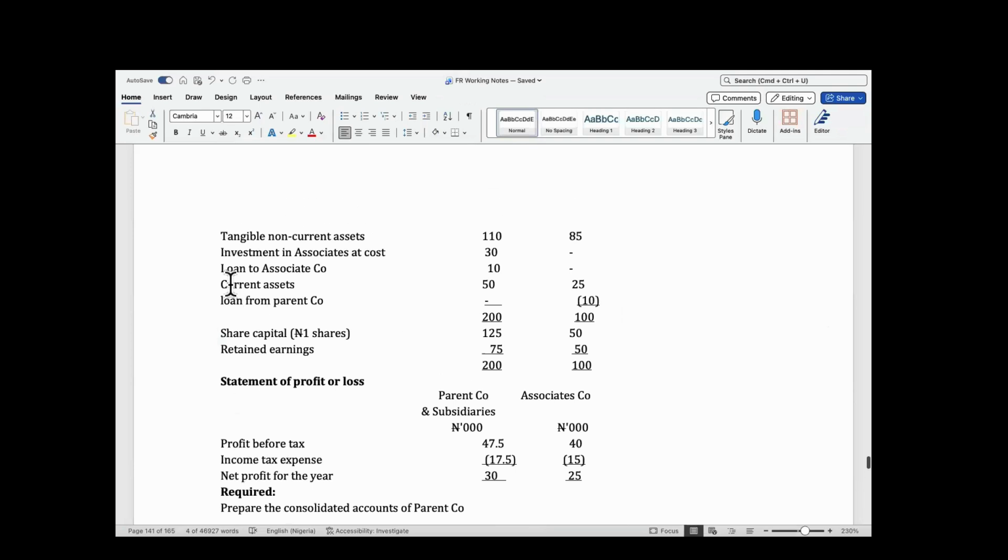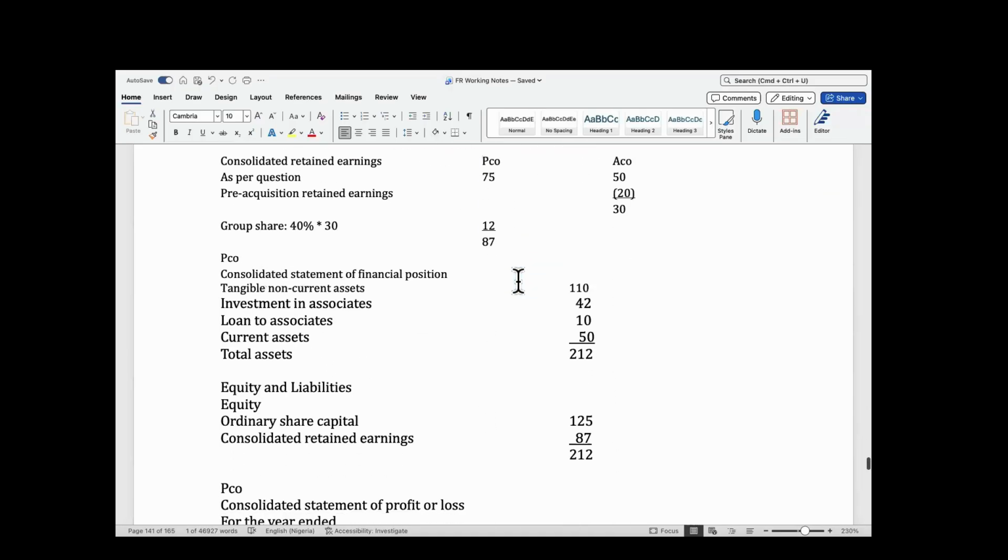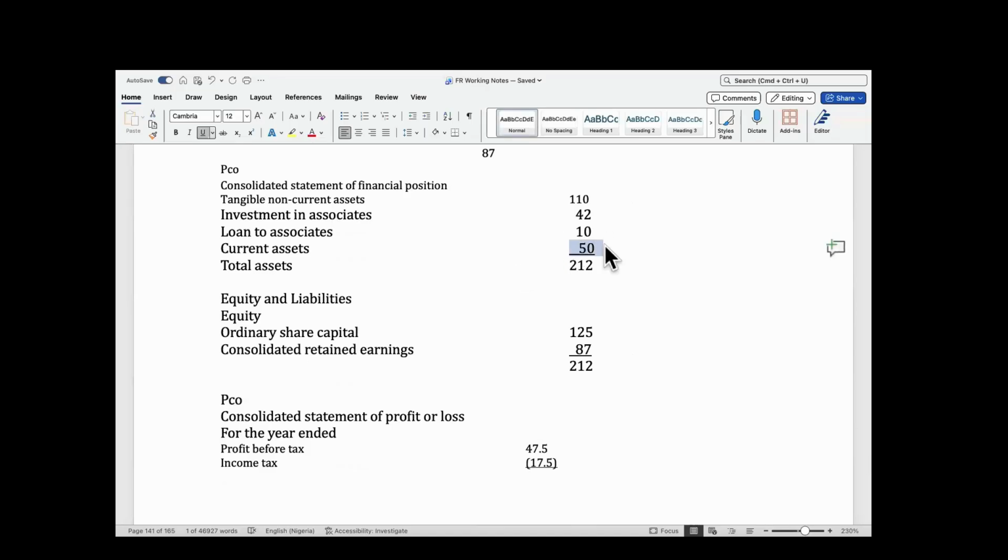Then the next item is current assets. Again, you are not consolidating. You only pick this one, that of the parent and the subsidiaries, 50. If I add them together, it gives me 212. That's my total asset. Then I move to my equity and liabilities.